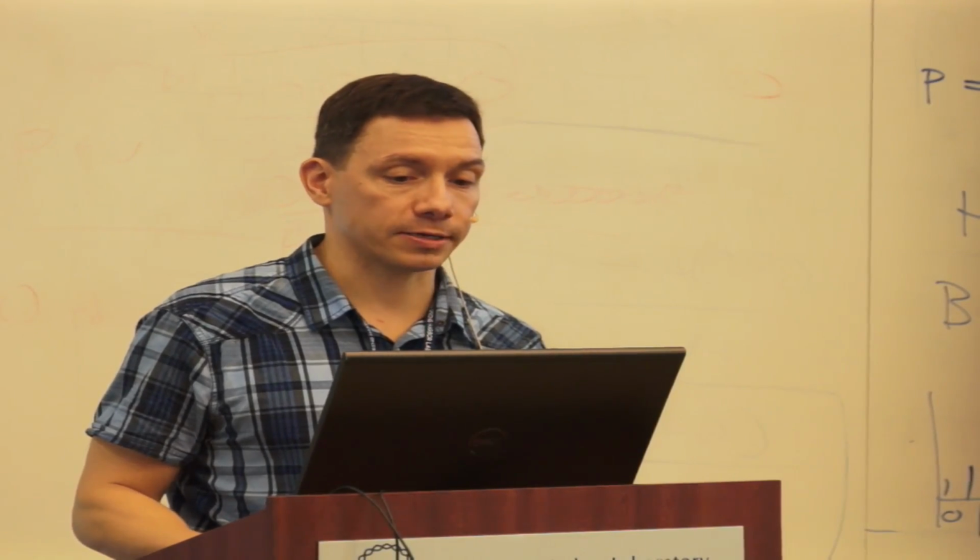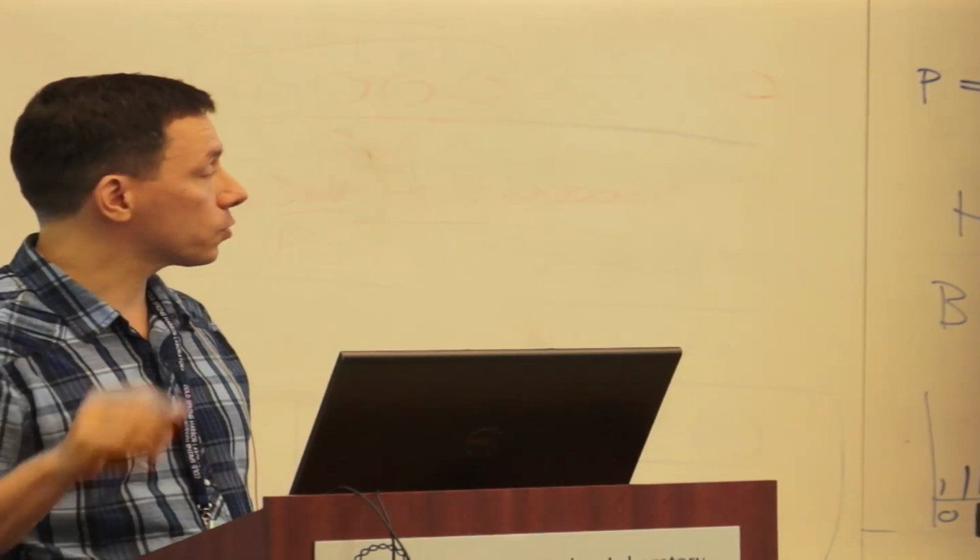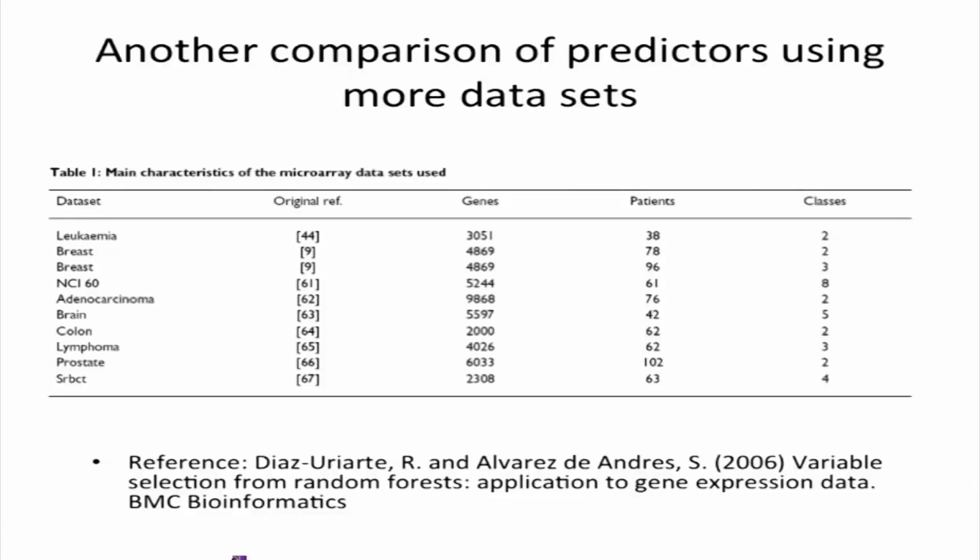And so then another group of authors studied more cancer data sets: leukemia, breast, brain, colon, and so on. And they also reported different error rates for support vector machines, k-nearest neighbor predictors, and diagonal linear discriminant analysis.